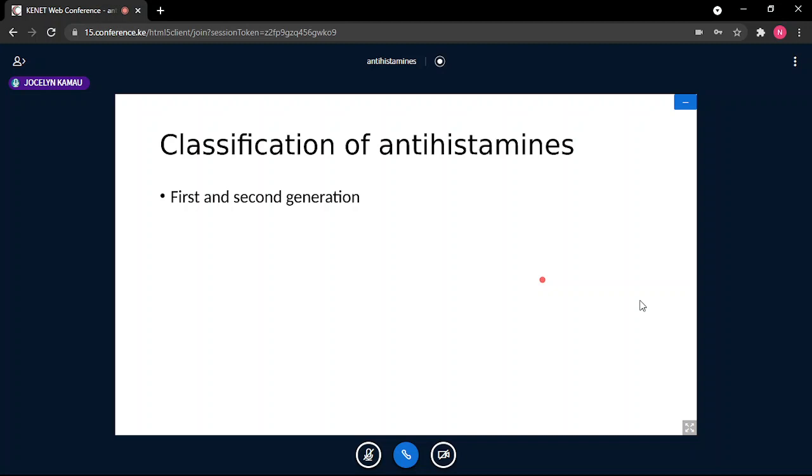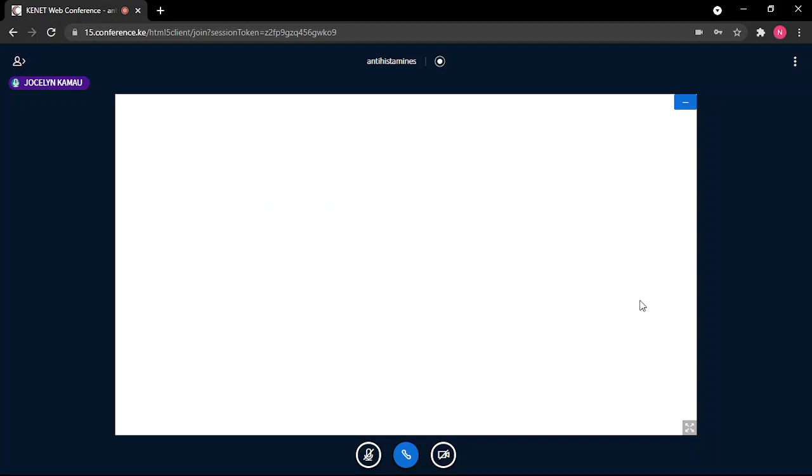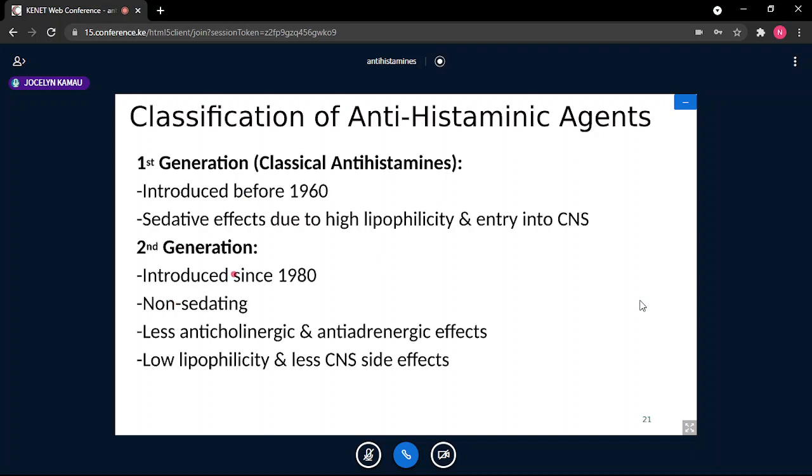We can classify antihistamines into first, second, and third generation. So that is the first classification, first generation. When we look at the first generation, these are the ones we call the classical antihistamines. And these classical antihistamines, again, we will classify into other subgroups, quite a number of subgroups.